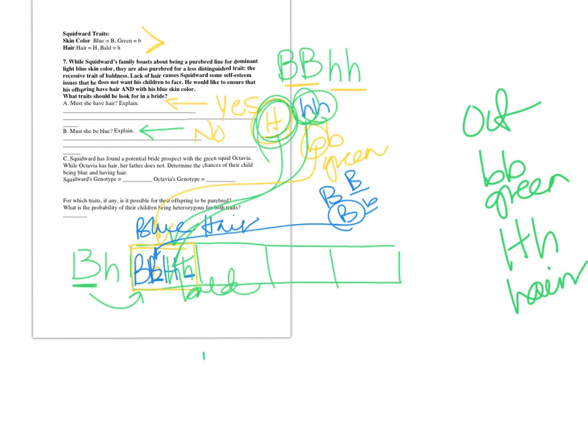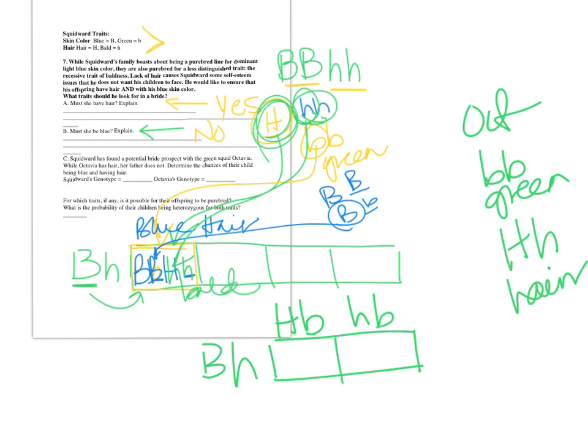So let's do a new square here. So that's, of course, Squidward. And then she can be HB, or she can be little h, little b. And so we're going to have the kids, big B, big H, little h, big B, little h, little h.